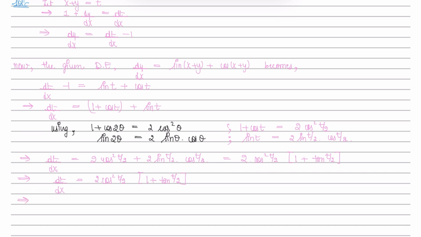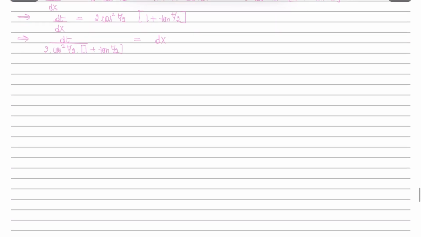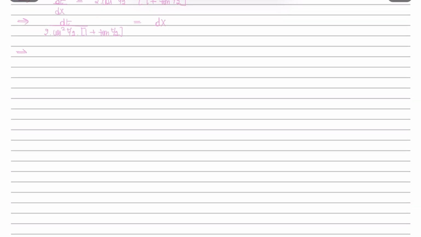Now, taking the like terms on the one side, it becomes 1 upon 2 times cos square t by 2 into 1 plus tan t by 2 dt is equals to dx. I can rewrite it as secant square t by 2 divided by 2 times 1 plus tan t by 2 dt is equals to dx.